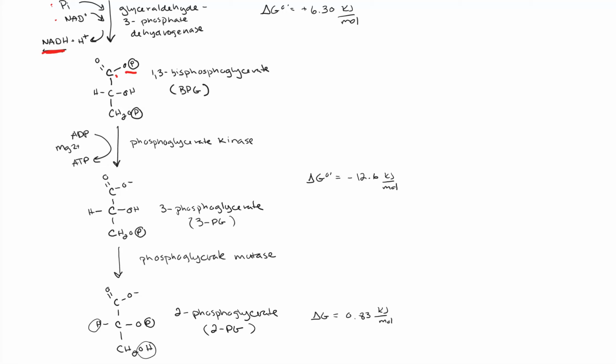So far, per glucose, we've invested 2 ATP to get to this stage, and at this point, per glucose, we will net 2 ATP back, 1 per glyceraldehyde 3-phosphate.